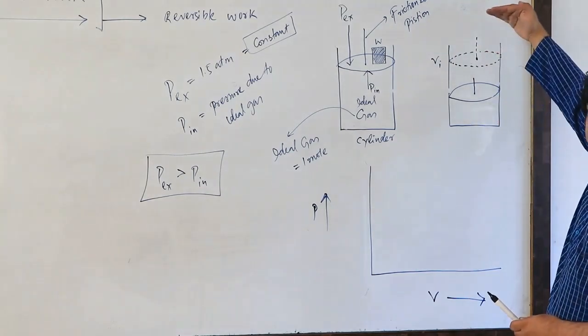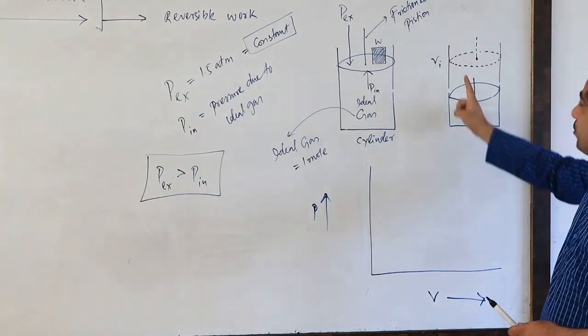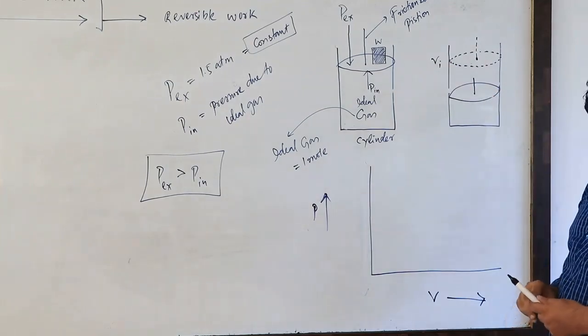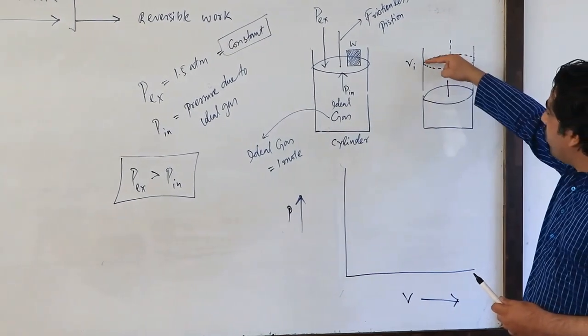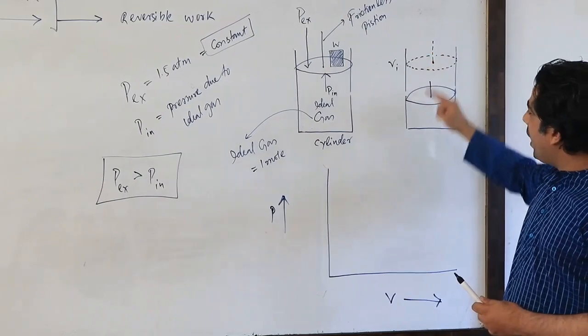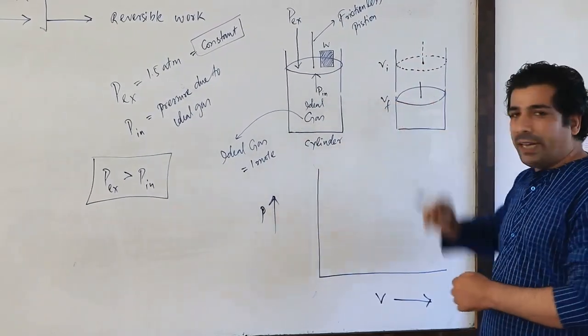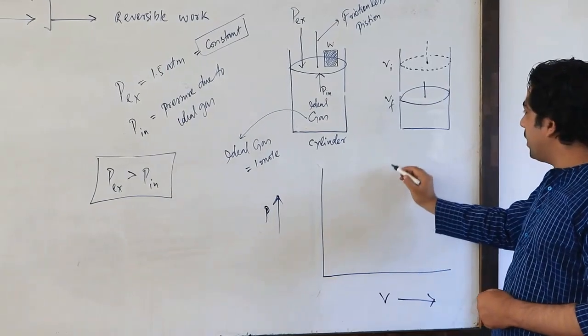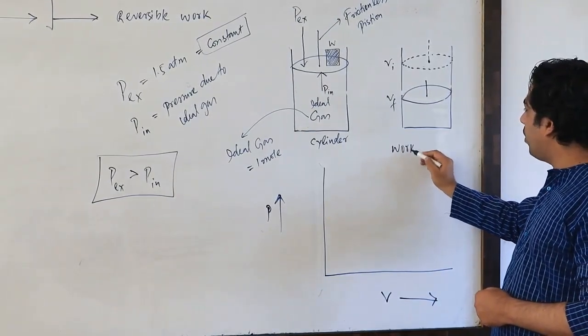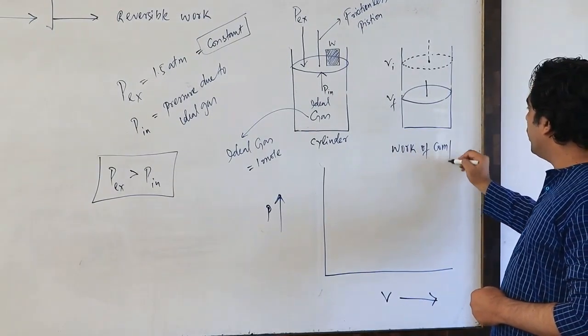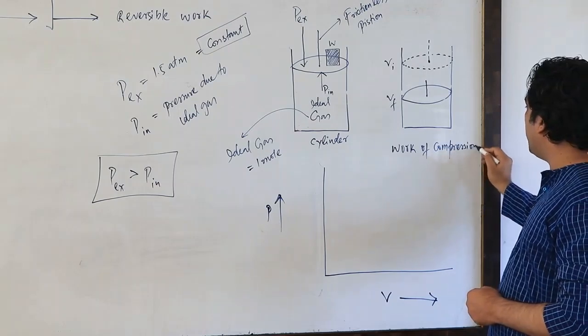That means the gas will be compressed. So from here to here we have the initial volume, and from here to here we will have the final volume. So this is nothing but the work of compression. Here the work of compression is happening.